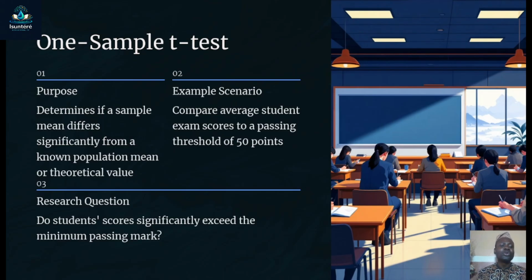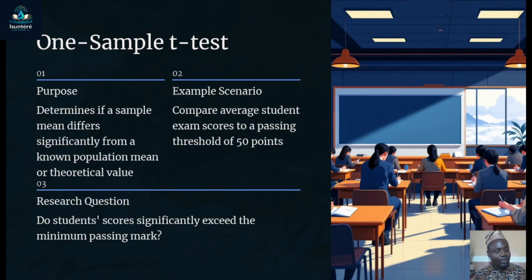So the purpose of the one sample t-test is that it determines if a sample mean differs significantly from the population mean or theoretical mean. We can say that we want to check whether the average blood pressure value of people aged 40 to 45 in a group differs.